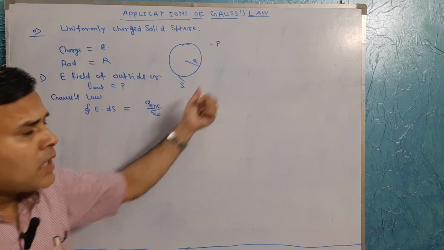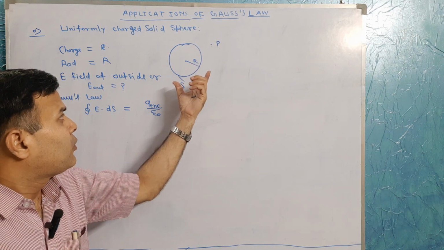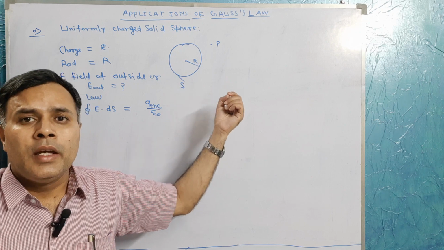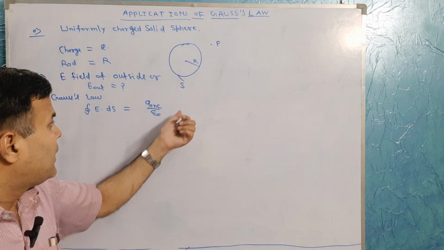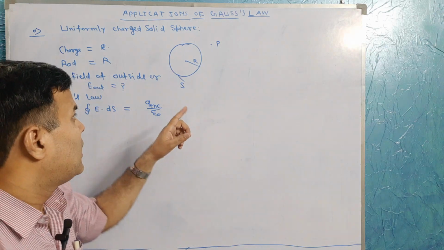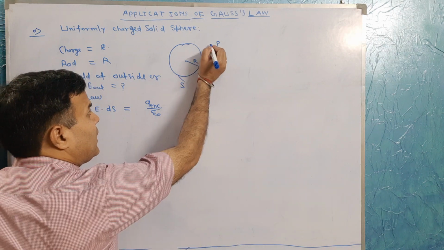The first step is to identify the system. In this case we have a sphere which is uniformly charged having radius r. So recognize the geometry and draw the corresponding Gaussian surface. We have a sphere, so the corresponding Gaussian surface is a spherical surface.